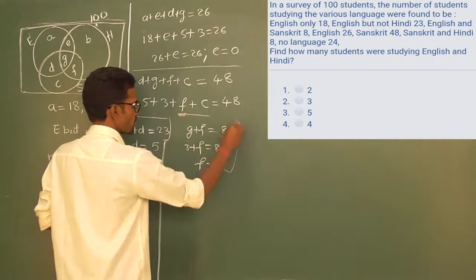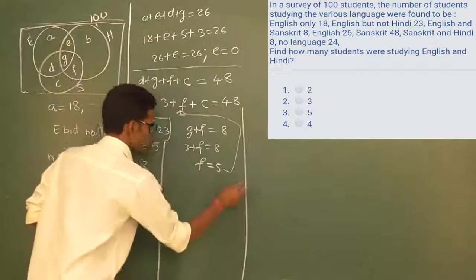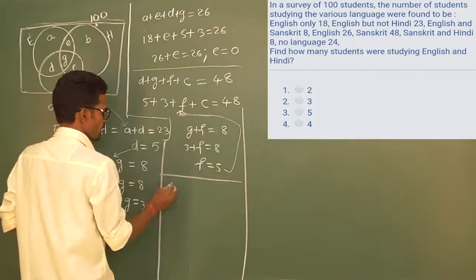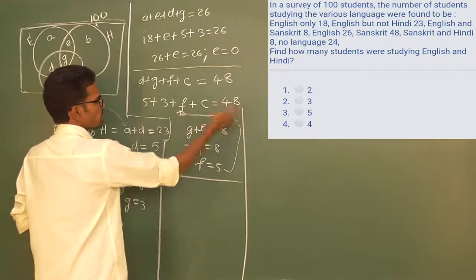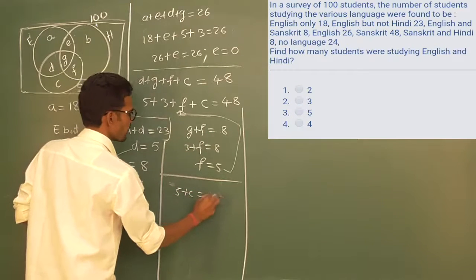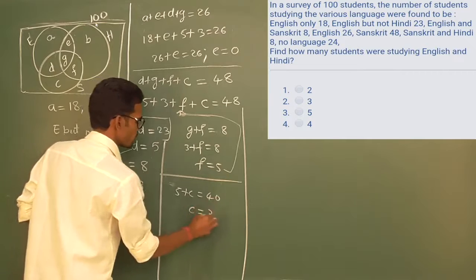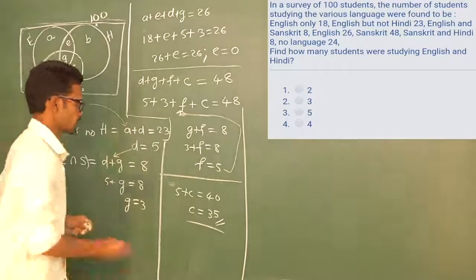Shall I substitute back in this so that I get the C value? Let me rewrite again: 5 plus 3 is 8, plus F value 5, plus C is equal to 48, so C is equal to 35. Once I get C is equal to 35, let us fix it here.